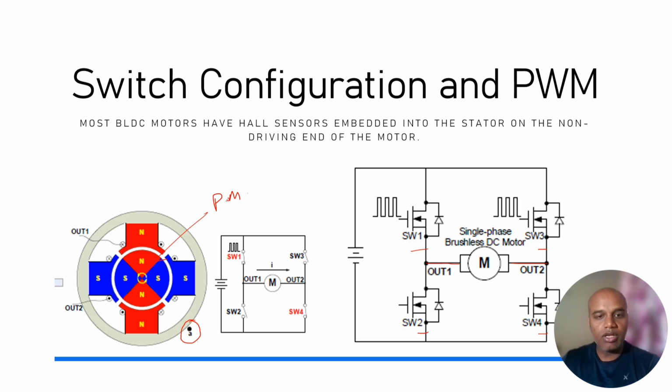The output of the Hall sensor will be high if it is under the influence of the N pole of my rotor over here, and it will be low if it is under the influence of the south pole.